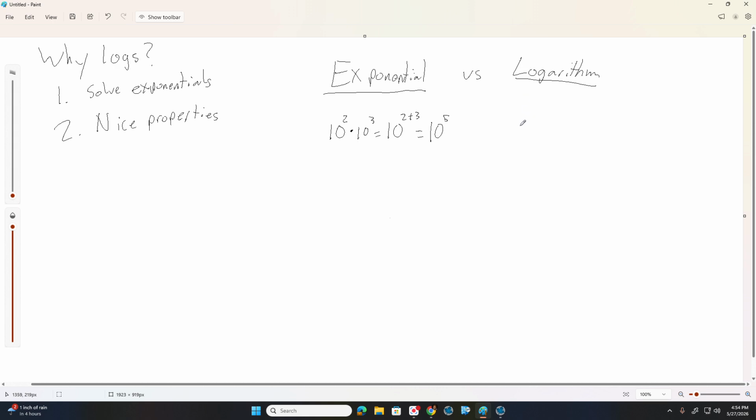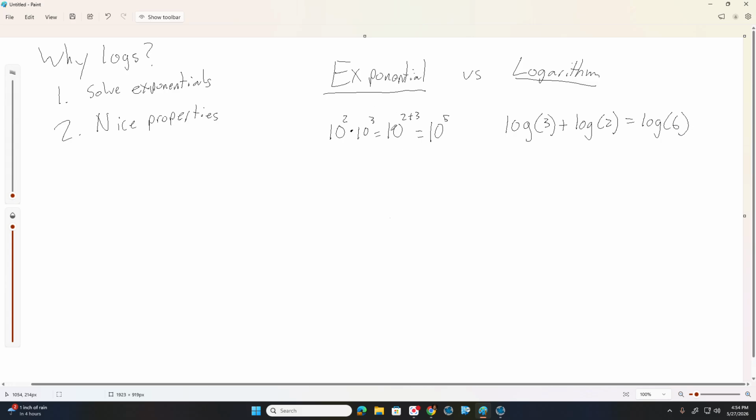They undo each other. So, the logarithm base 10 of 3 plus the logarithm base 10 of 2 turns out to be the logarithm base 10 of 6.